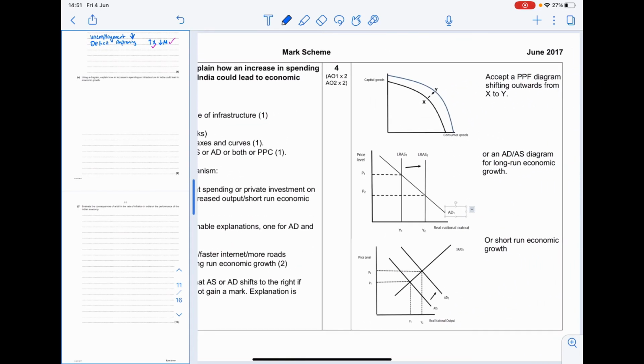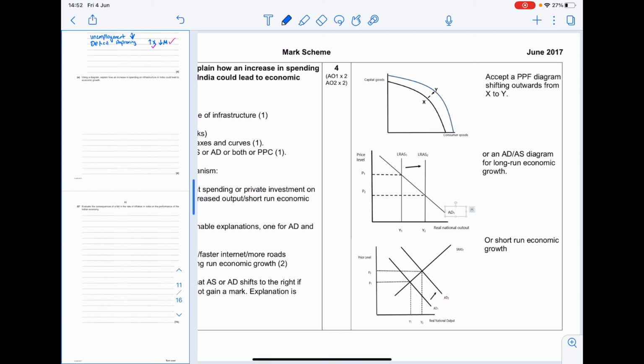So the first one is they're accepting a shift to the right of the production possibility curve. And that is because if you've got better infrastructure, transport's going to be better and you're going to be able to produce more of each type of good, consume more capital.